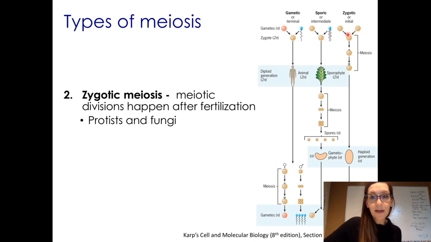So you form a 2N zygote, and that 2N zygote is then going to undergo meiosis to create the haploid generation. This is what we see with protists and fungi. So when we talk about Saccharomyces cerevisiae or other fungi, this is their life cycle.